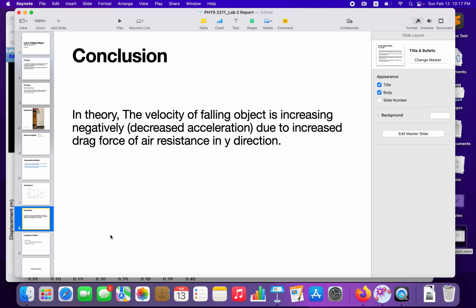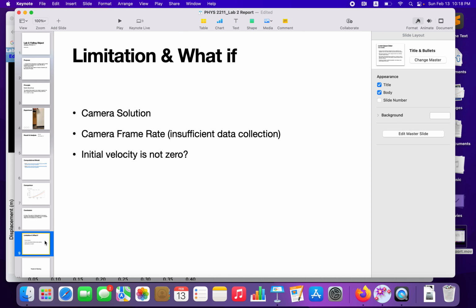But theoretically speaking, based on Models 1 and 2, we can say that the velocity of the falling object is increasing negatively due to the increased drag force in the opposite direction. And as for our major problem, our limitation is definitely the camera resolution.